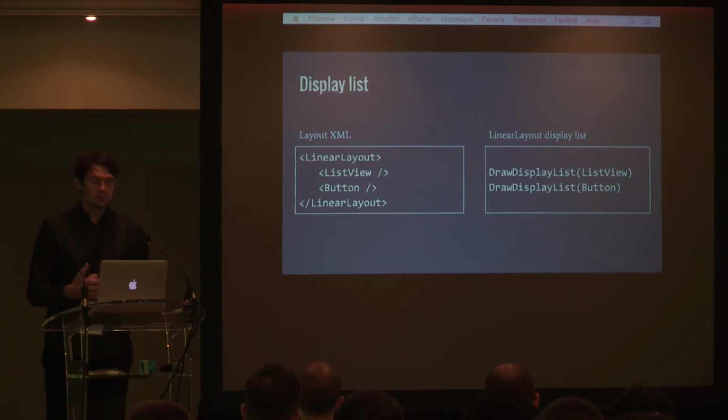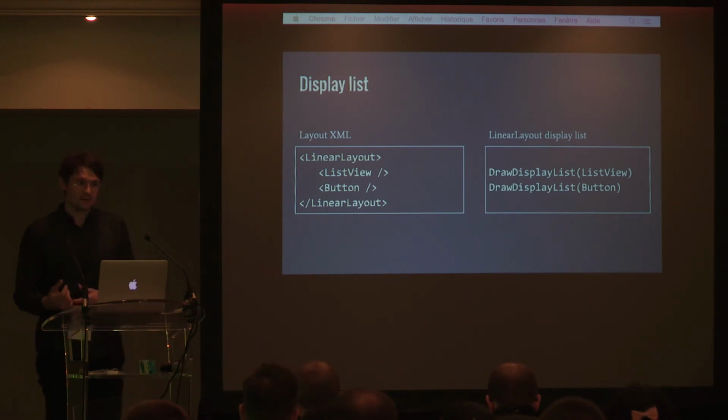One thing to understand is that the OpenGL calls are still made synchronously. So when you're calling draw line on the canvas, it will issue an OpenGL call that will be stored in the display list. So you can still have a performance problem on draw when you are building those display lists.